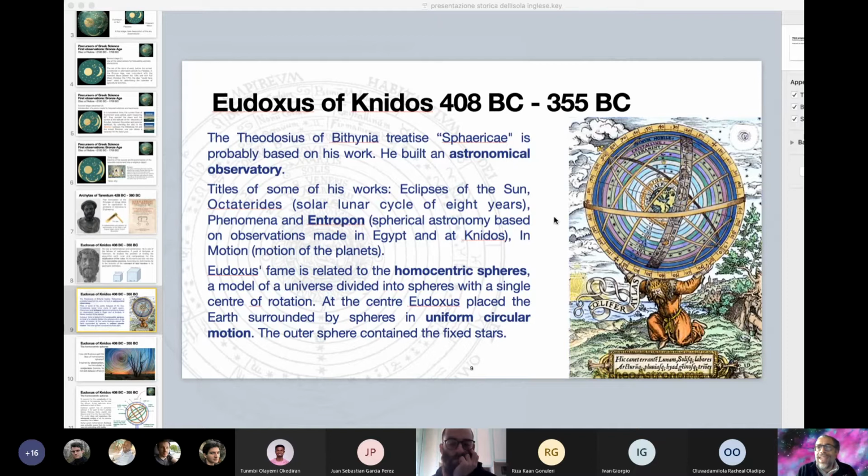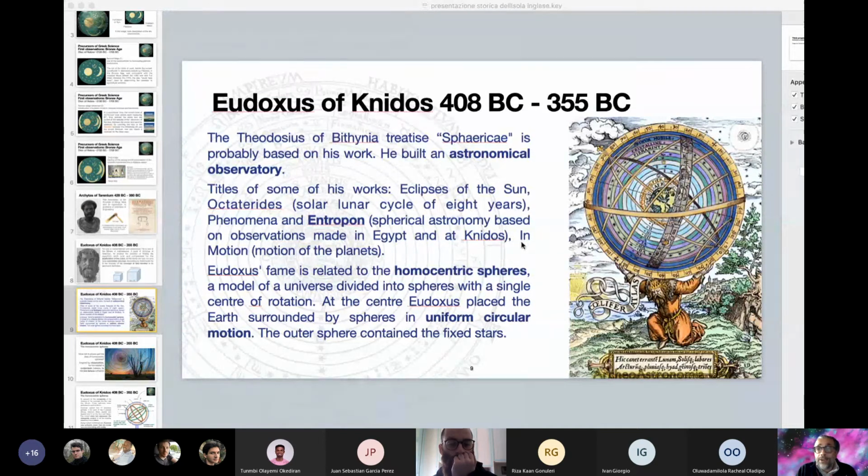These titles are Eclipses of the Sun, Octaeterides, which is a lunar-solar cycle lasting 8 years, Phenomena and Entropon, which is spherical astronomy based on observations made in Egypt and at Cnidus. This suggests to us that Eudoxus moved to Alexandria to work in the famous library.